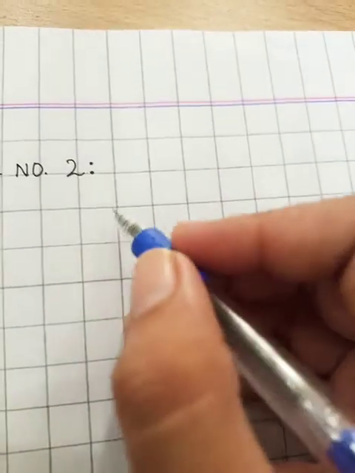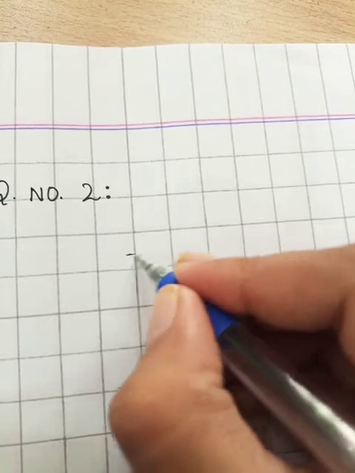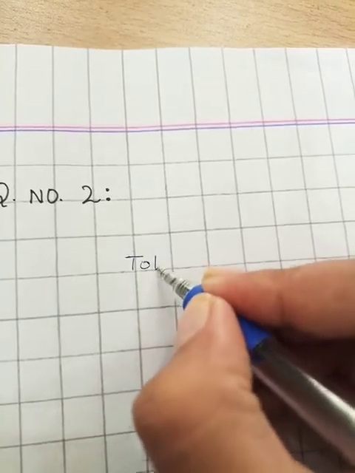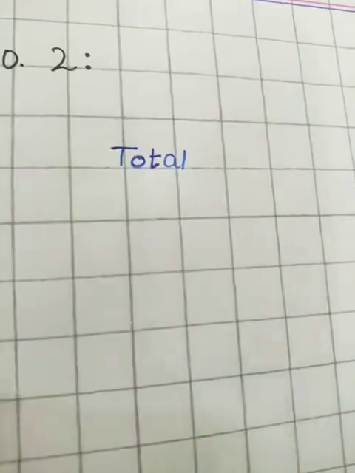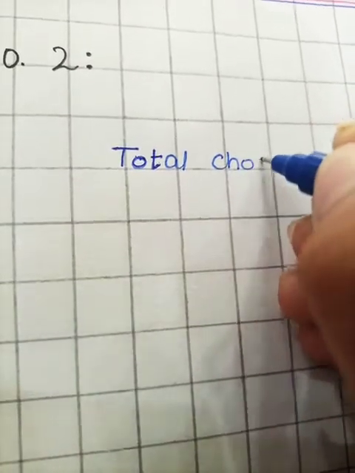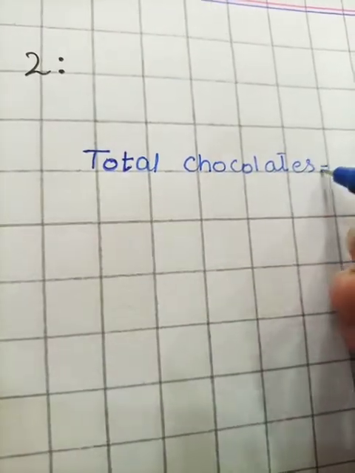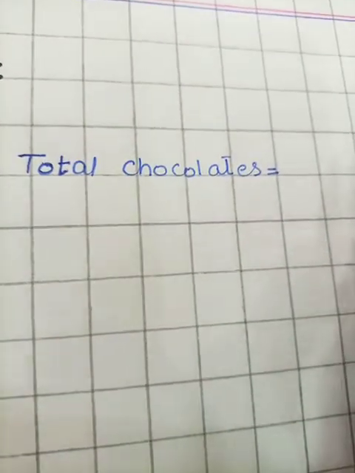So students, first of all I am writing here the total number of chocolates. How many chocolates in total do we have? Chocolates. Here I am writing the total chocolates. Okay students, tell me, how many chocolates in total do we have?